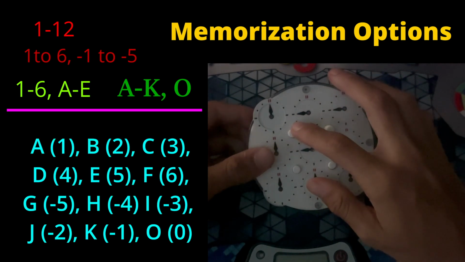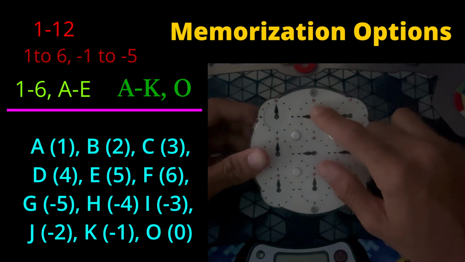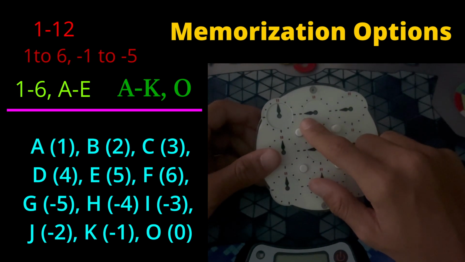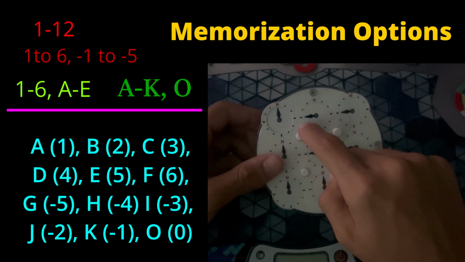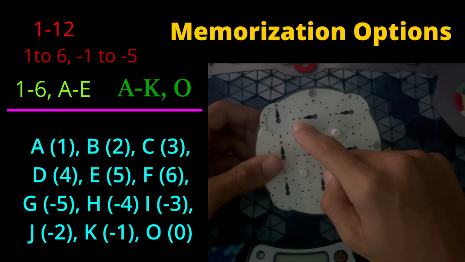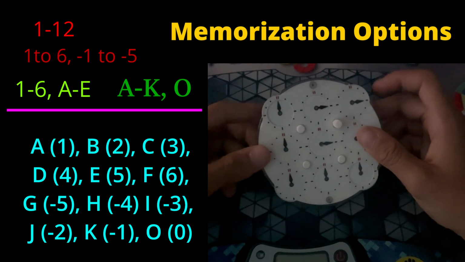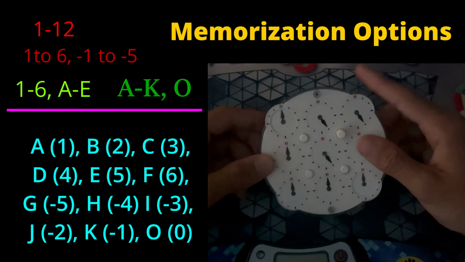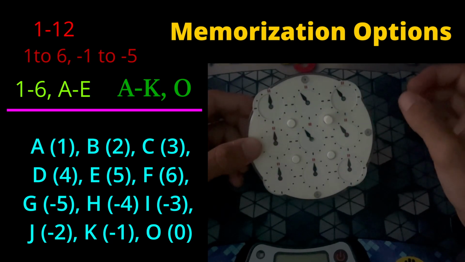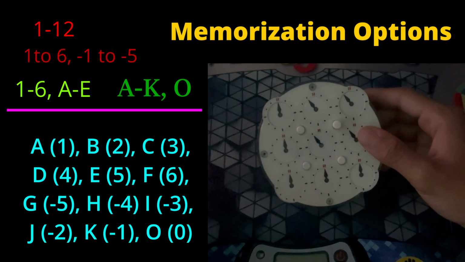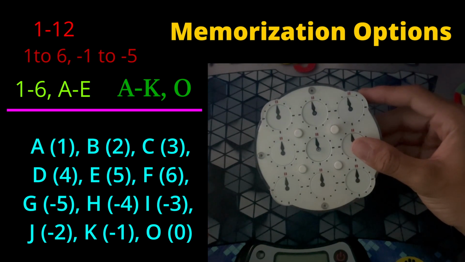So if you have -3, and keep in mind -3 is the same thing as 9, the 9th letter of the alphabet is I. So what you would do is say, okay, -3 right here, because it's at 9 o'clock, would be I. And so 6 would be F, 3 would be C, and 1 would be A, B, C, D, E, F, and then -5 would be G, H, I, J, K. And then for 0, you can either do O or L. I'll put the code I have on screen right now, just for the visual learners.